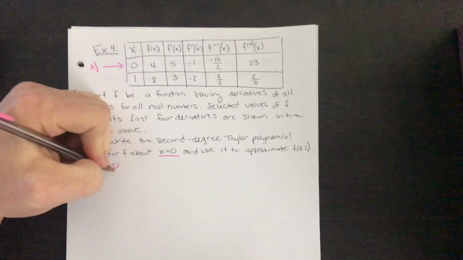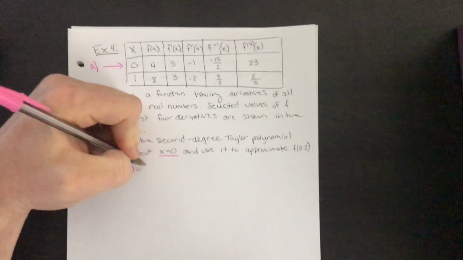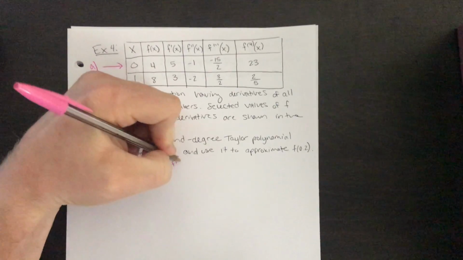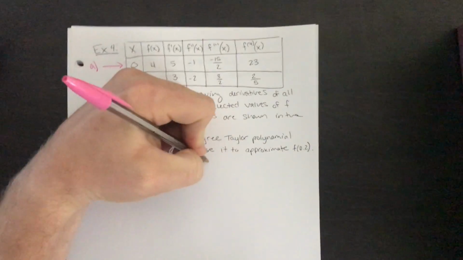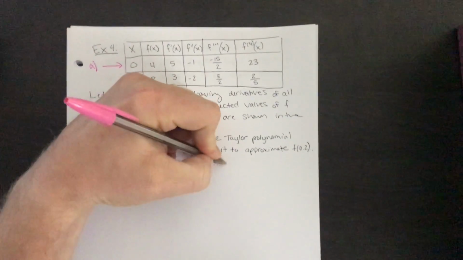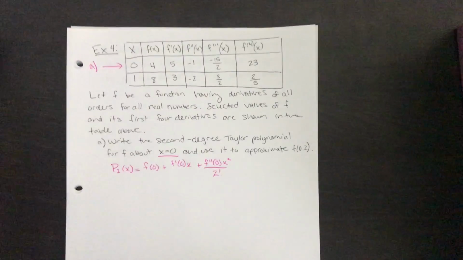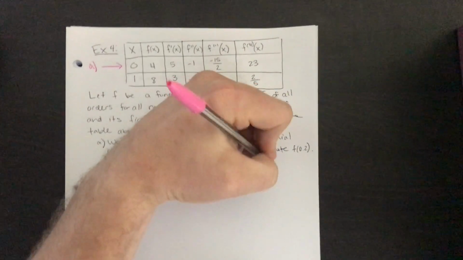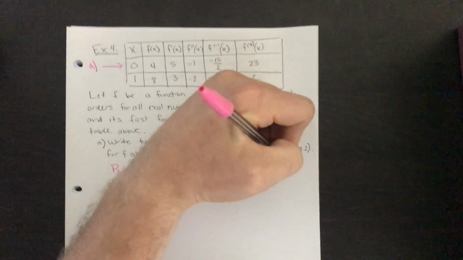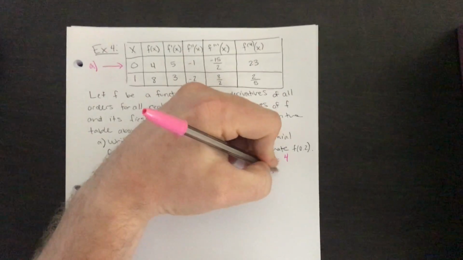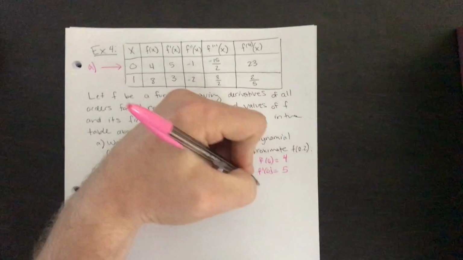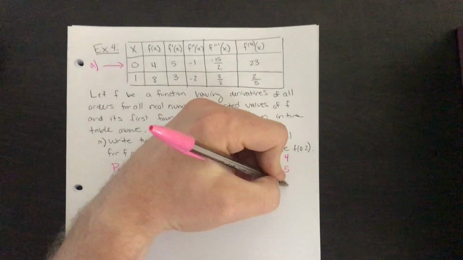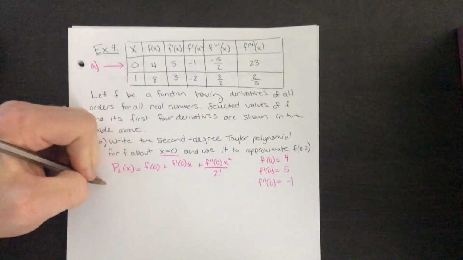So p sub 2 of x equals f of 0 plus f prime of 0 times x plus f double prime of 0 times x squared over 2 factorial. That's pretty much it. So f of 0, I'm just going to put this over on the side. That's 4. f prime of 0, that's 5. And f double prime of 0, that's negative 1. So now that I have my pieces, I'm just going to plug them all in.